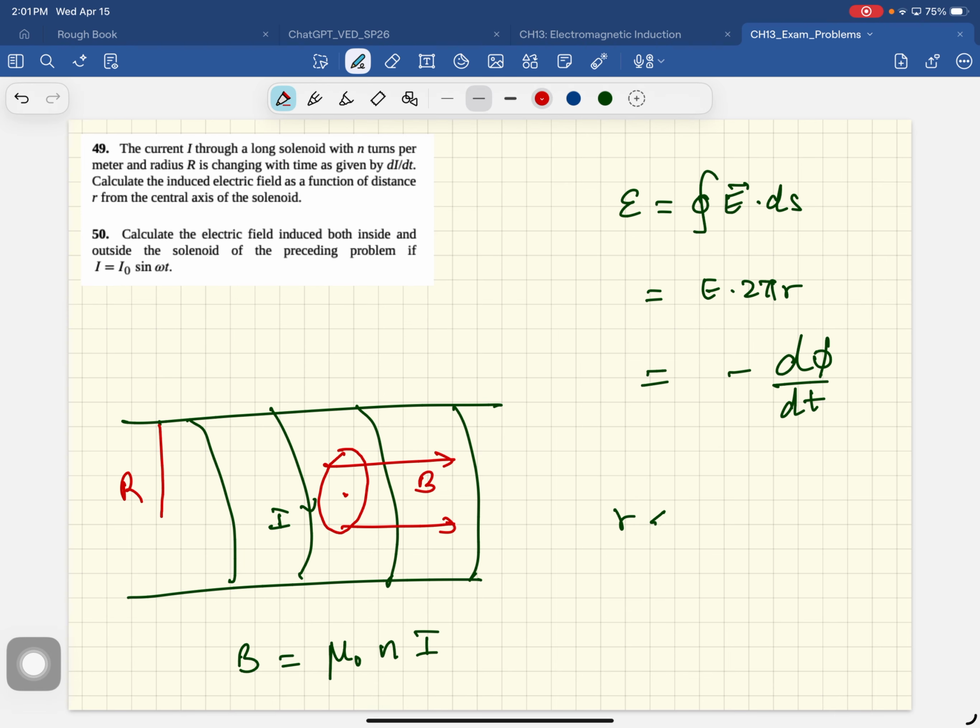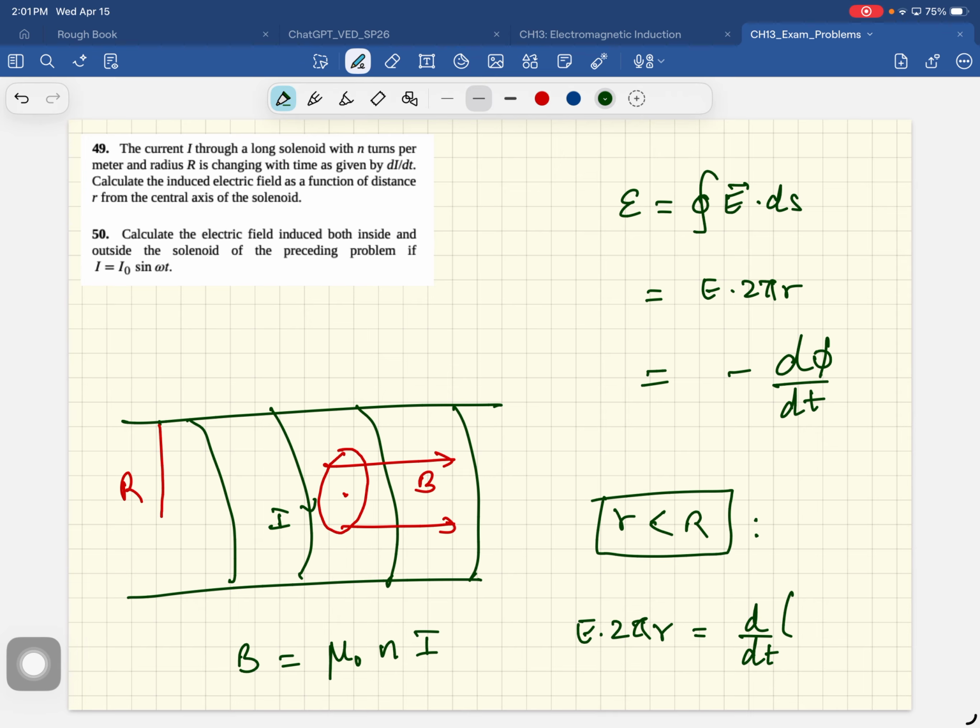Again, let me show you: if the magnetic field is increasing, the induced current is such that it wants to produce a magnetic field in that direction. So for an increasing magnetic field, the induced current is like so. Its strength would increase till this point, and then once you're outside, it's decreasing from that point on.